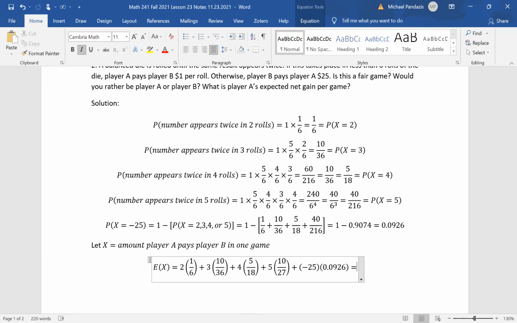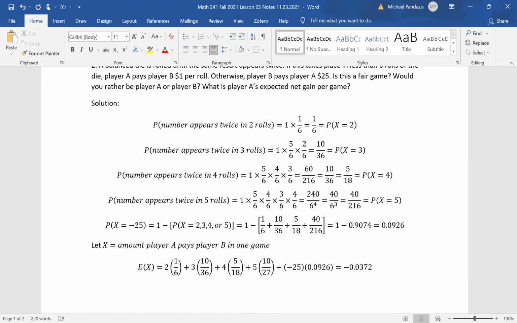And so you get a negative number, you get negative 0.0372. Okay, so the expected value is negative. So this is not a fair game. Okay, so the expected value is negative.